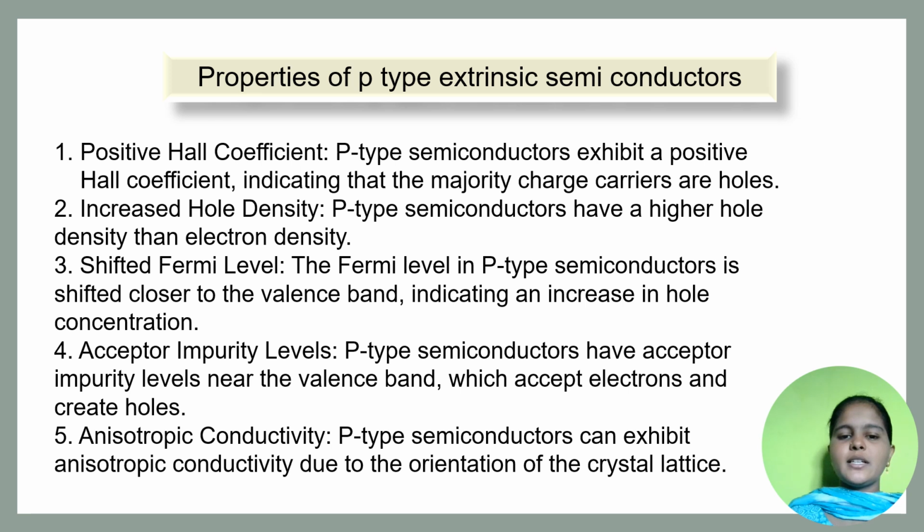Acceptor impurity levels: P-type semiconductors have acceptor impurity levels near the valence band which accept electrons and create holes. Anisotropic conductivity: P-type semiconductors can exhibit anisotropic conductivity due to the orientation of the crystal lattice.